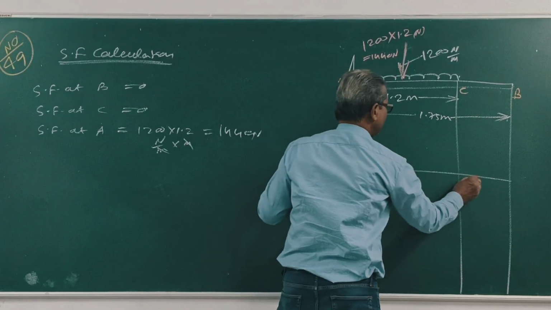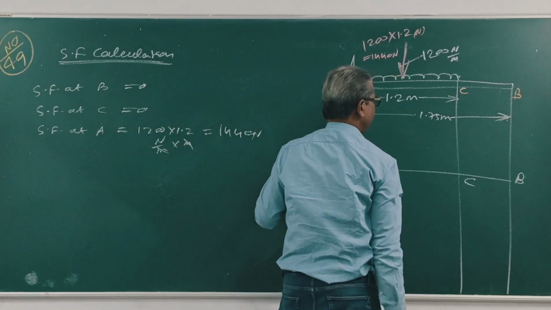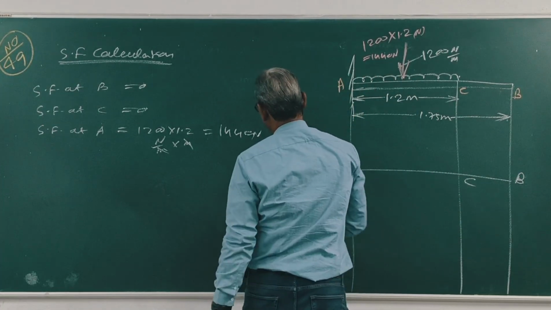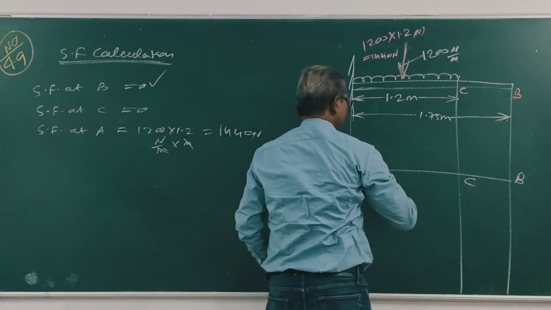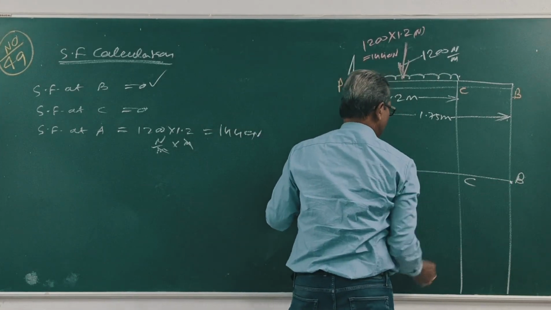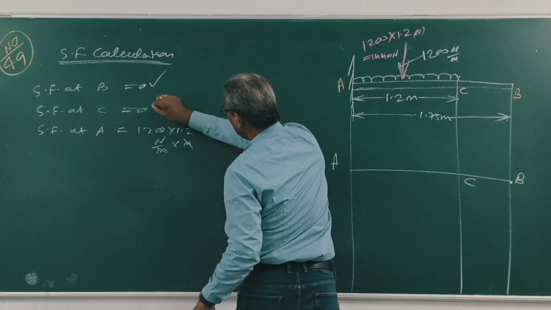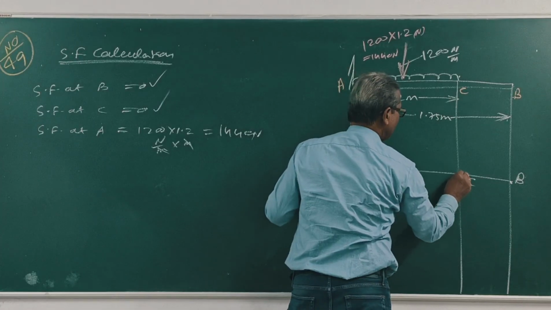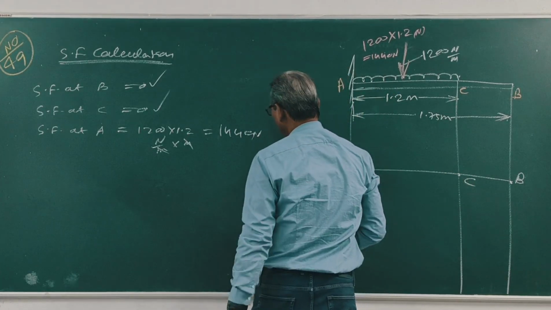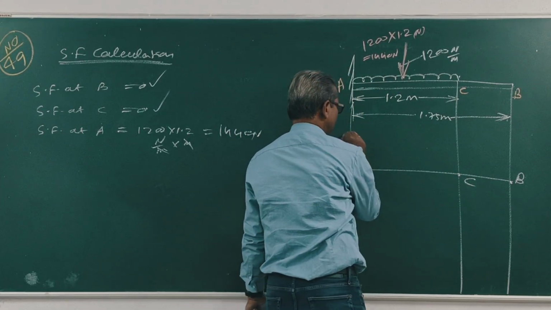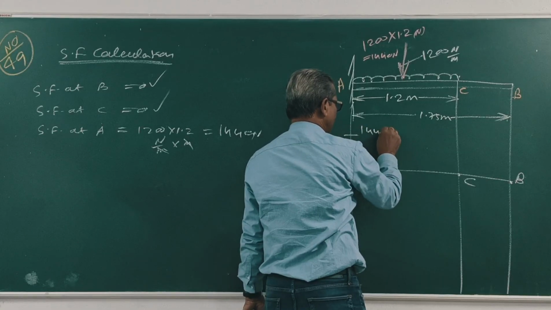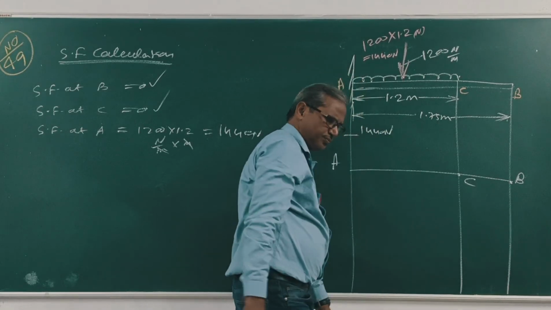A, C, B. At B it is 0, at C it is 0, and at A it is 1440 Newton. Right?